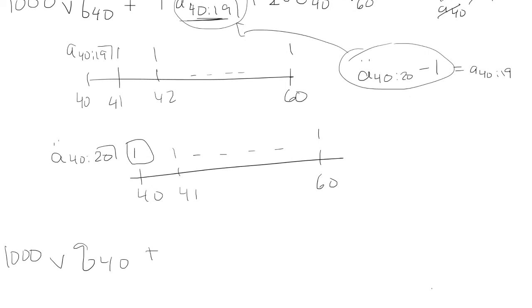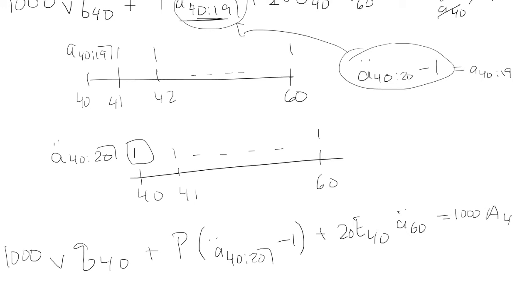So then plus, we're going to have P times ä40 angle 20 minus 1. Then we're discounting it 20 years, multiplying by the annuity due. And that's 1,000 A40.